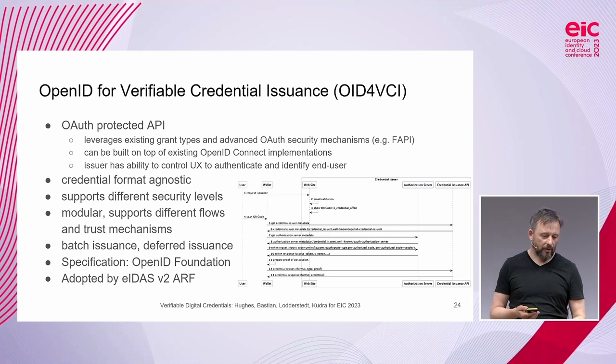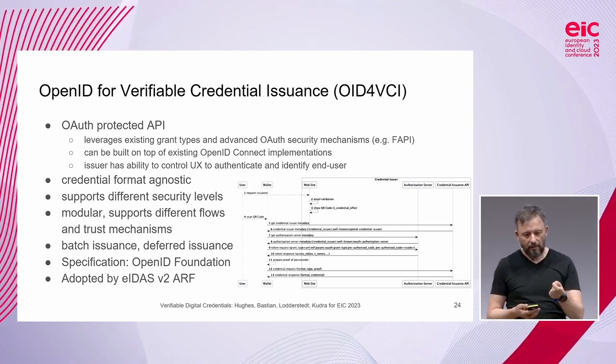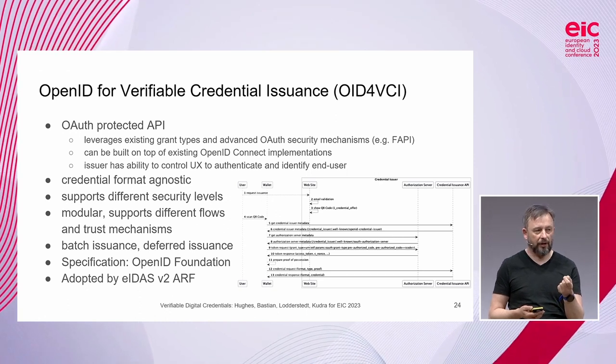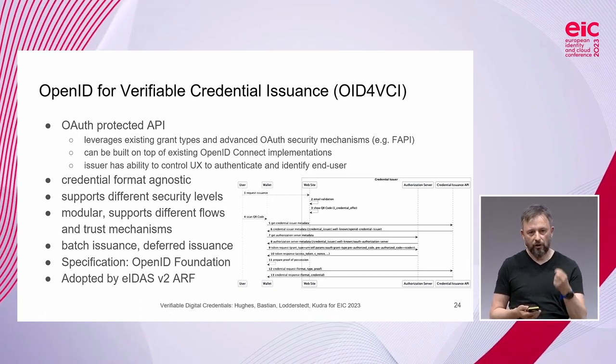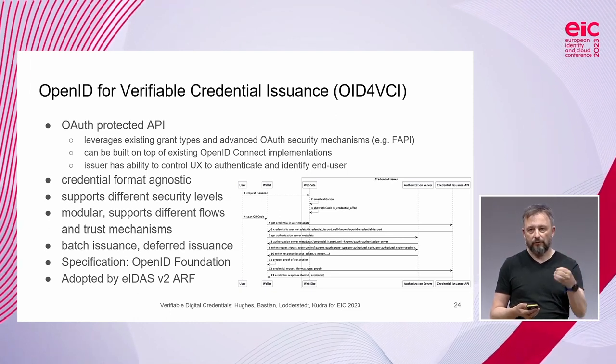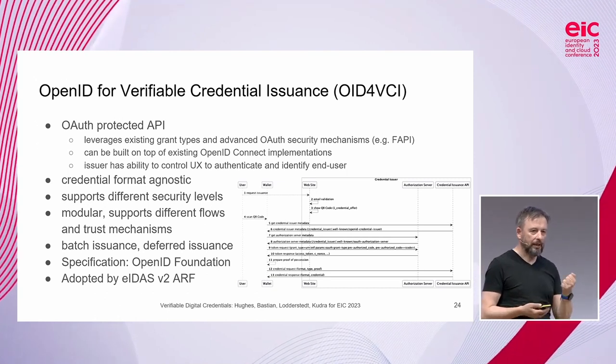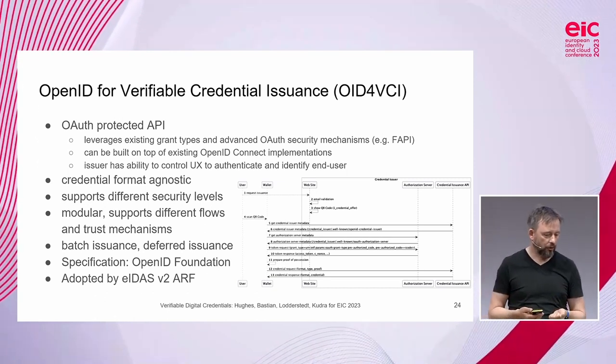It's also credential format agnostic and supports different security levels, meaning there are mechanisms in the protocol that you can use to do, for example, wallet attestation. If you want to make sure you're talking really to a wallet that is, for example, certified under a certain regulatory regime, or if you want to get a proof that the key is stored in a certain kind of hardware security module.